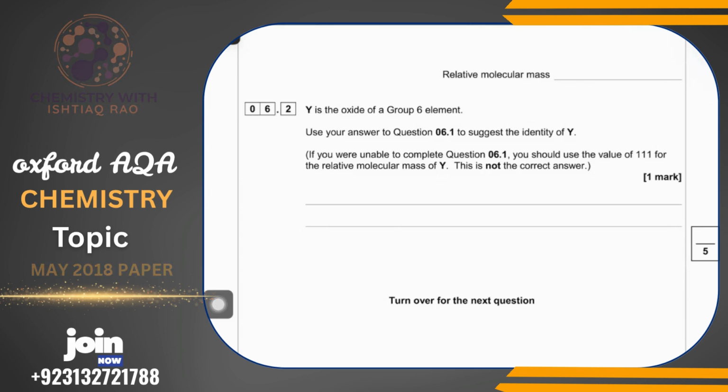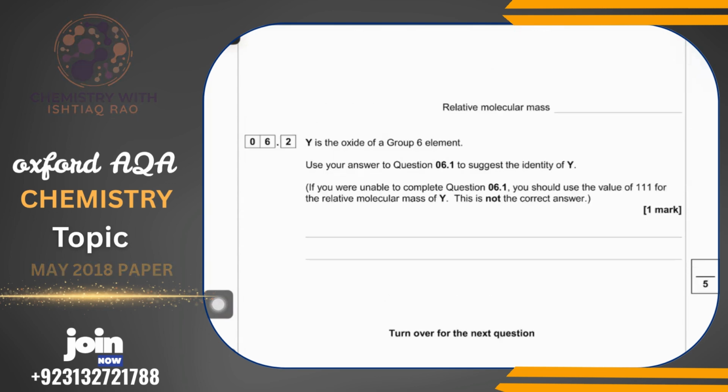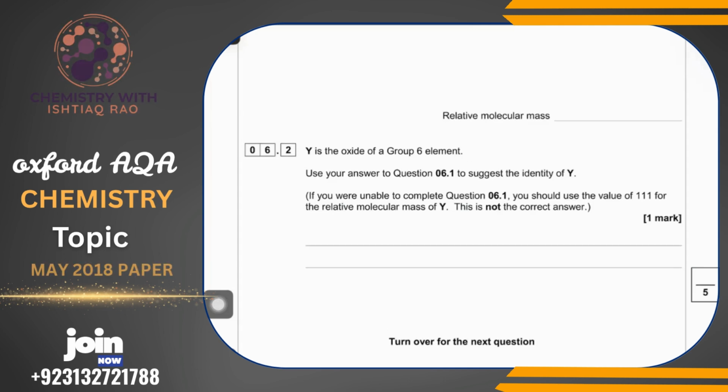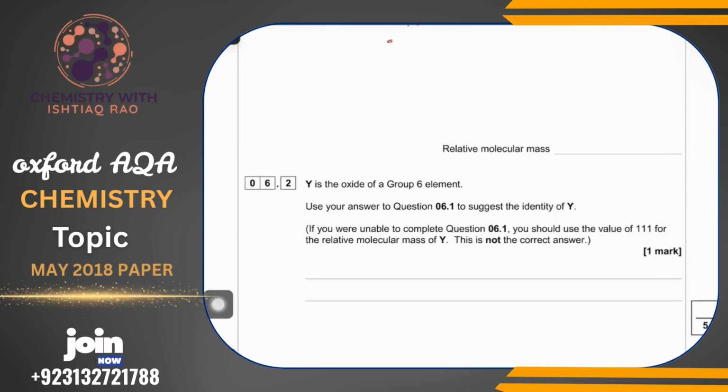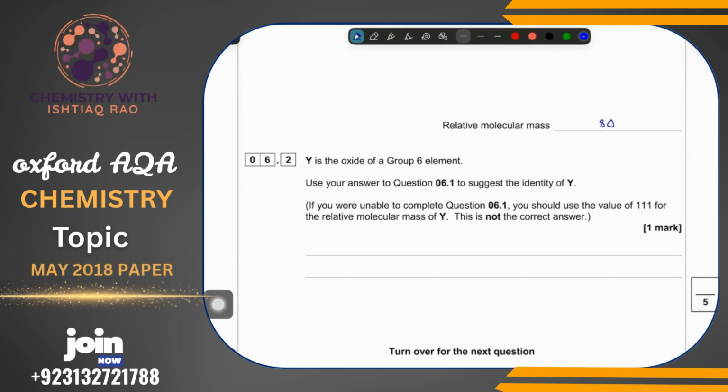Instead of doing that, I can just use 111. Y is the oxide of a group 6 element, right? Use your answer to question 6.1 to suggest the identity of Y. So I'm saying that the relative molecular mass for the question was 80. If the answer is 80, and they are saying that this is the group 6 oxide, then group 6 means it's going to be oxygen, sulfur, selenium. Then sulfur, and then you can move down. Selenium would be the answer, I think.